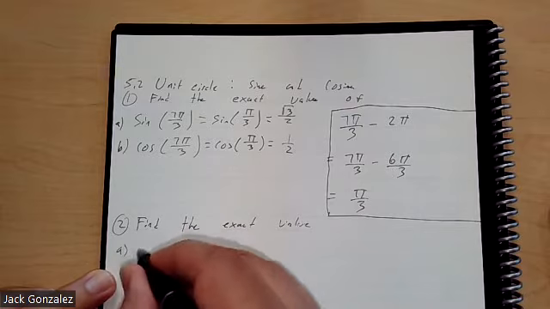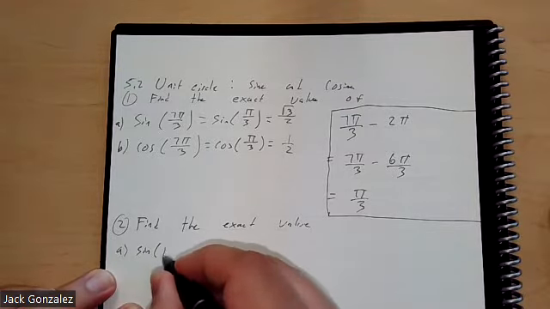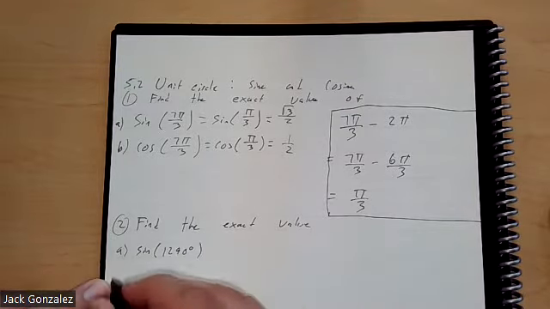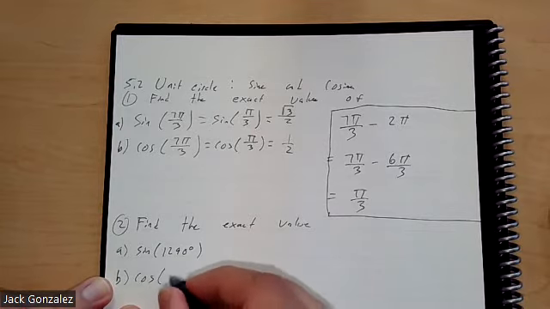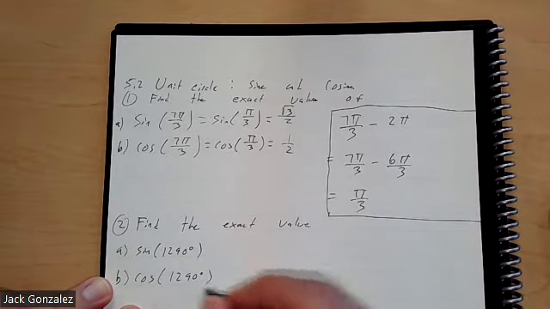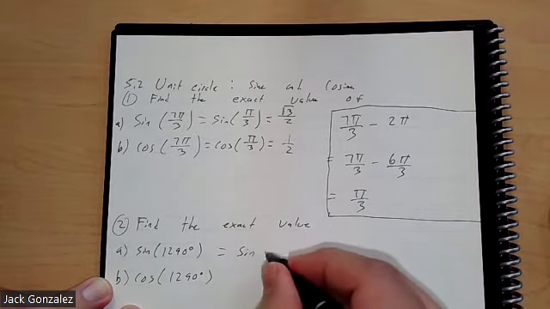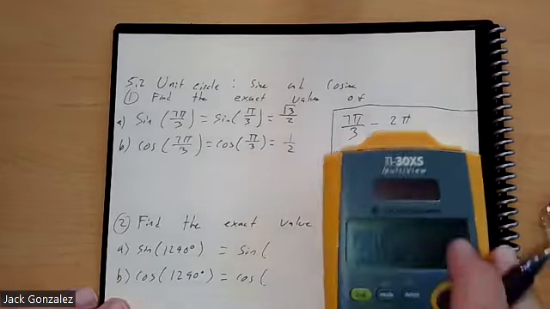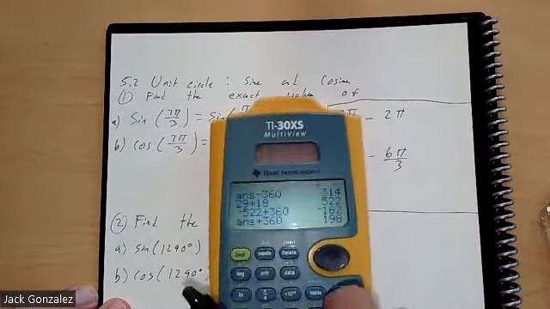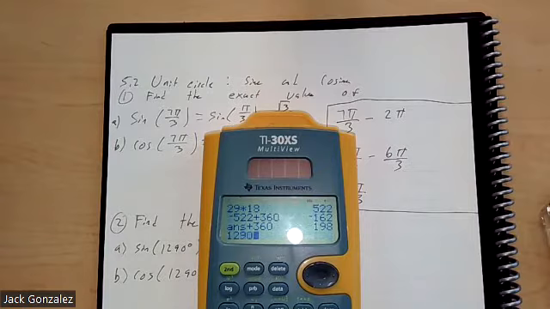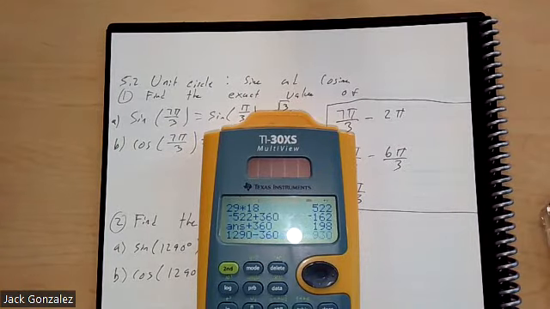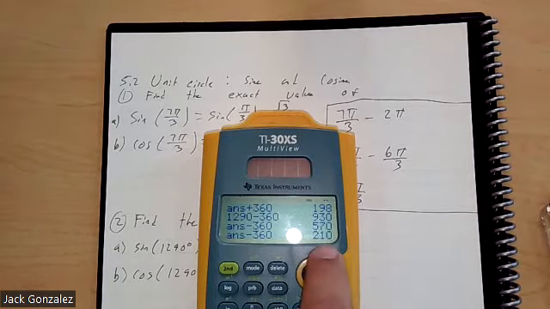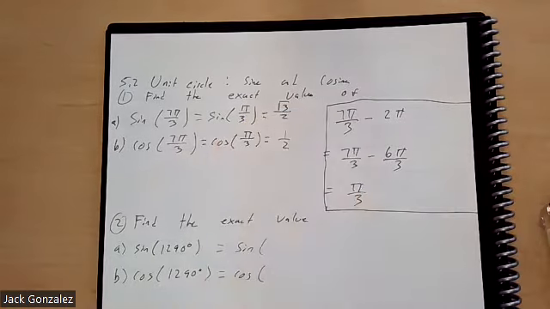This time, let's say the angle is really huge. 1290 is too big. So subtract 360, subtract 360, subtract 360. As soon as you're below 360, use that angle instead. That's going to be on your circle.